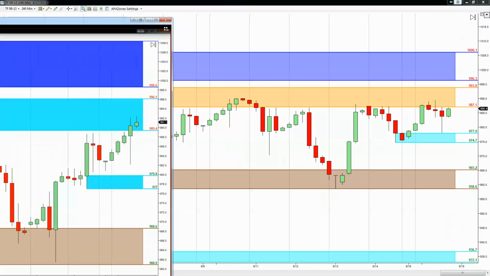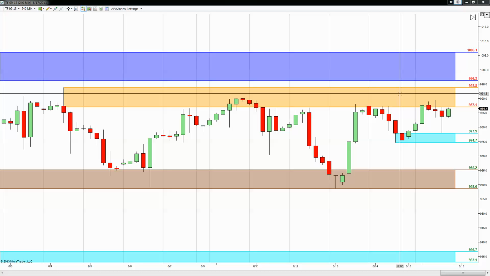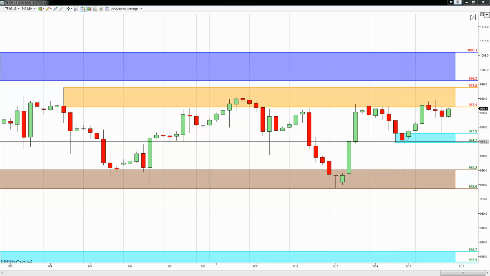As it turns out, it looks like the levels have pretty much stayed the same. We've been going back and forth between the different levels almost exactly, and even the level right in the middle is looking like it's holding as well.